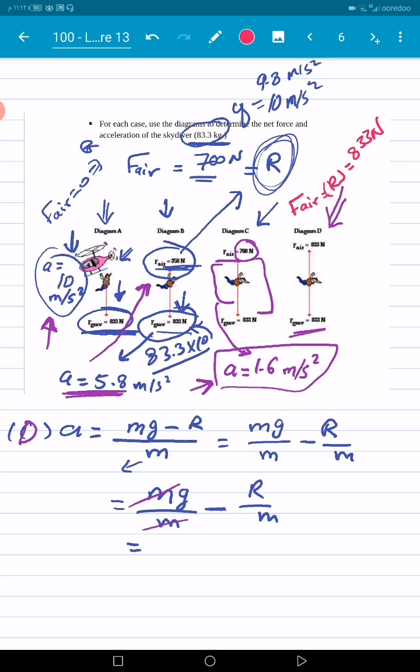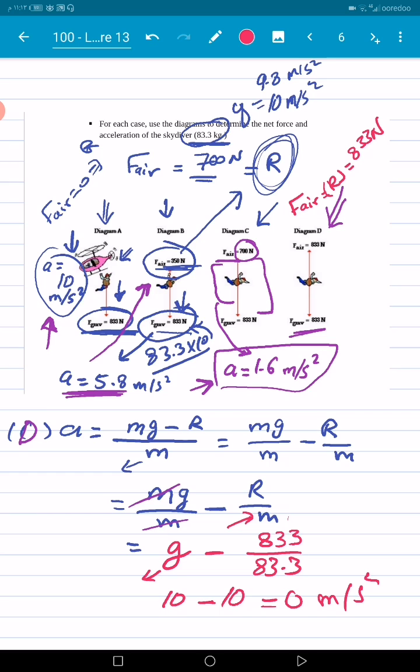I put my equation: G minus F air over the mass of the skydiver, 83.3. So G is equal to 10 minus this calculation, 10. So 10 minus 10 is equal to 0 meter per second square.